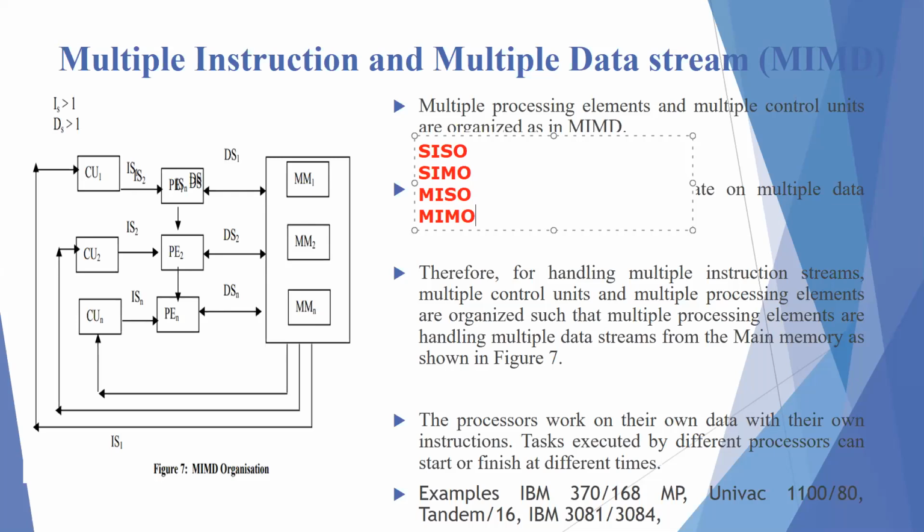When we talk about single input and single output, we have one antenna at the transmitter and one at the receiver. When we talk about single input and multiple output, we have one transmitter and multiple receivers, just to enhance the signal quality. And when we talk about MISO, we have multiple transmitters and a single receiver.